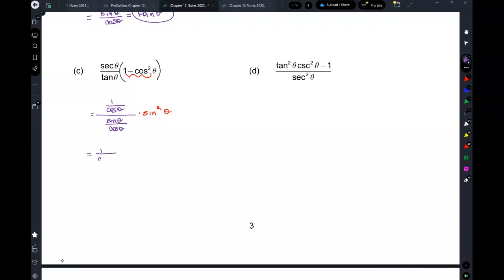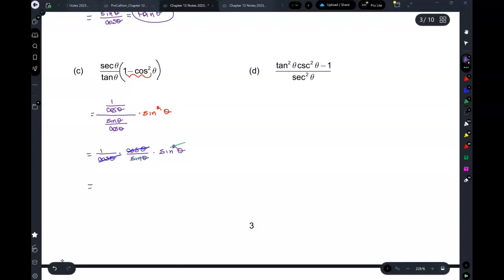Let's deal with this fraction here. I have 1 over cosine theta times cosine theta over sine theta times sine squared theta. Now, don't go cancel happy. Just reduce what you can reduce. Cosine with cosine. Now, what about the sines? 1 sine cancels with 1 sine.